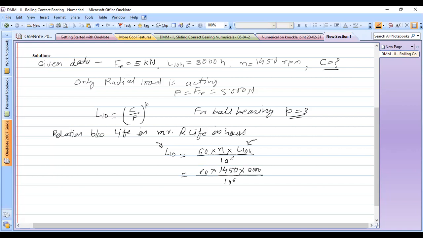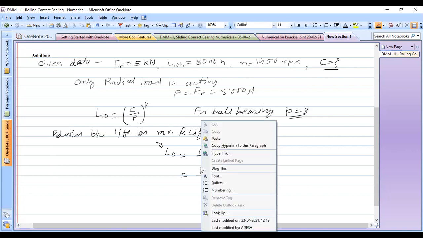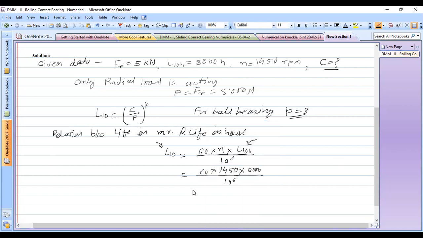Calculate this: 696. What is the unit of this 696? Million revolutions. This is coming out as 696 million revolutions. Is it okay? Any doubt up to here?